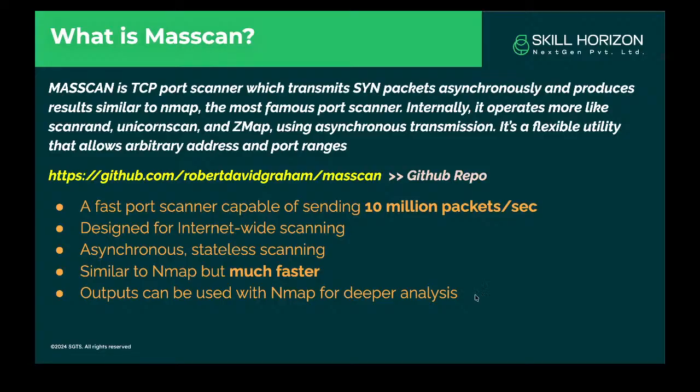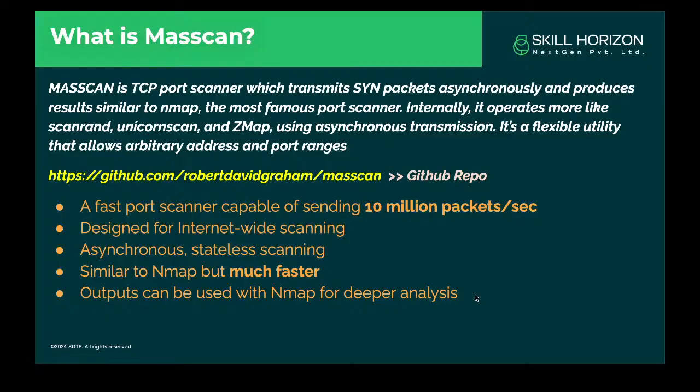So how does Masscan work? Masscan is a TCP port scanner which transmits SYN packets asynchronously and produces results similar to Nmap.